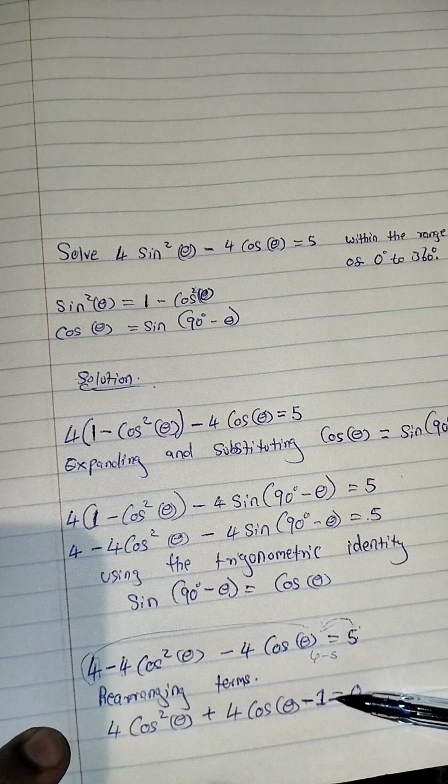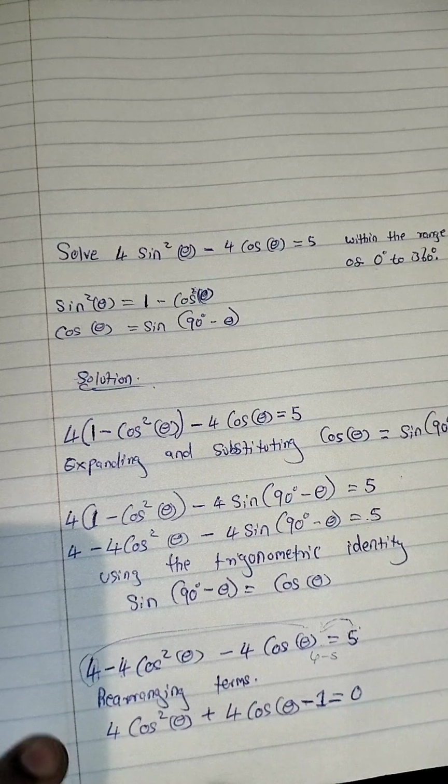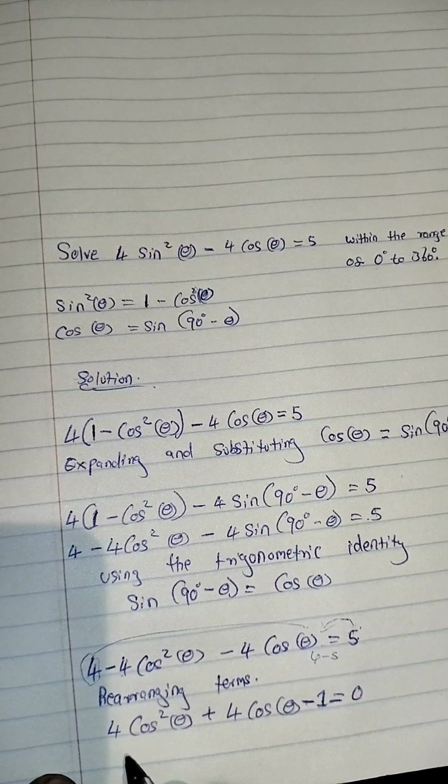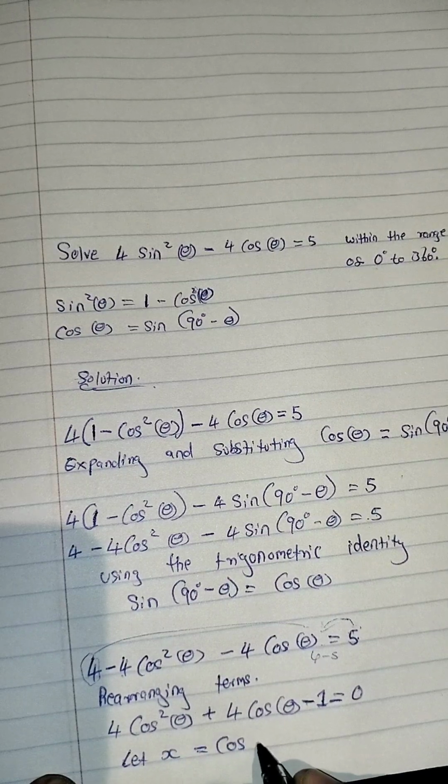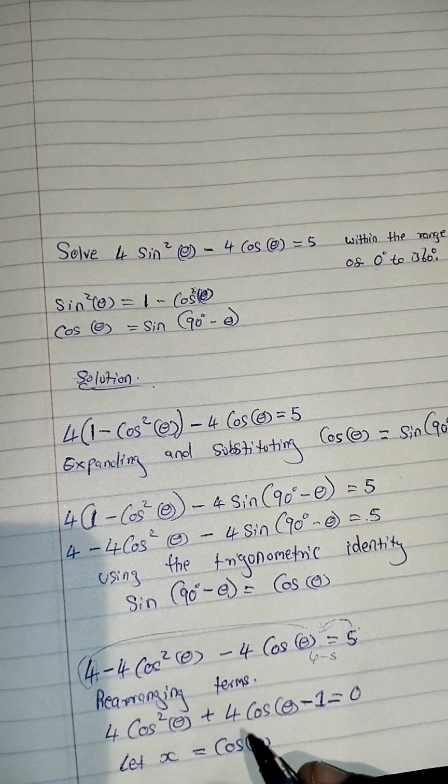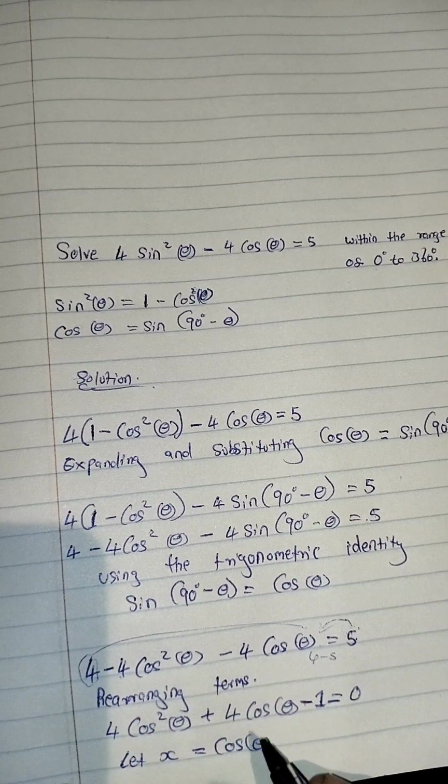So from this far, now I'm going to make the equation look the same. Let me first make the formula whereby I can say let x be equal to cos theta. So now I'm going to substitute into the equation.